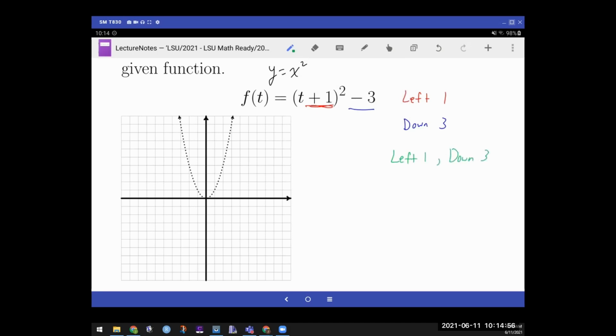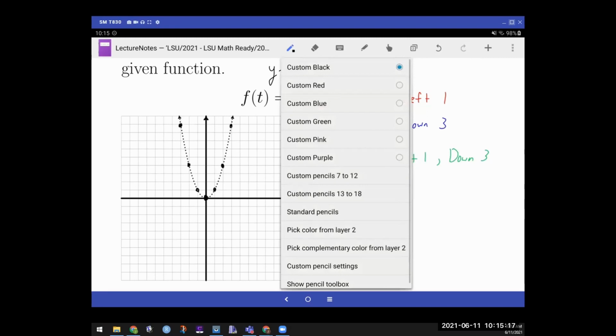And so a good idea is to find some points on the original graph so you can track those. So there's a point, there's a point, there's a point. I'm just looking at the graph, seeing where they actually cross intersections, some lines neatly.